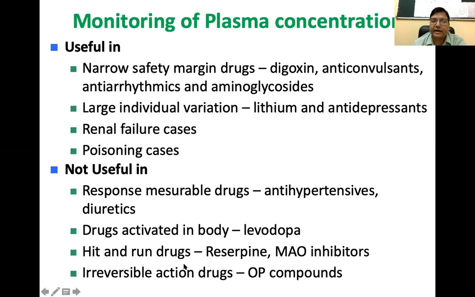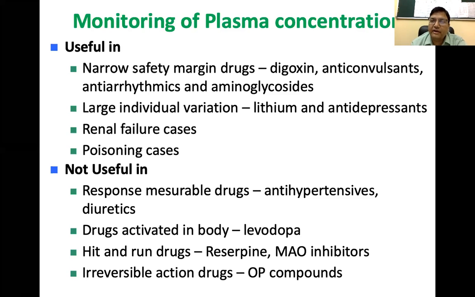Then there are hit and run drugs like reserpine and MAO inhibitors, monoamine oxidase inhibitors. These hit and run drugs act irreversibly on their receptors or sites of action, and even though they are cleared from the plasma, they cause irreversible changes at the target site, and because of that their effect comes even though their plasma concentration has fallen.